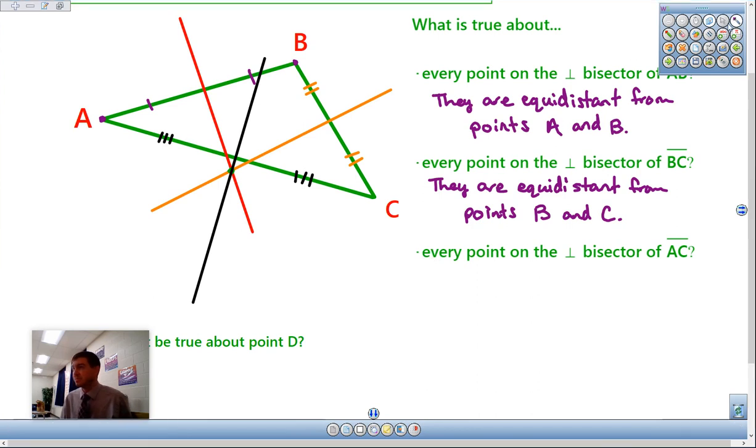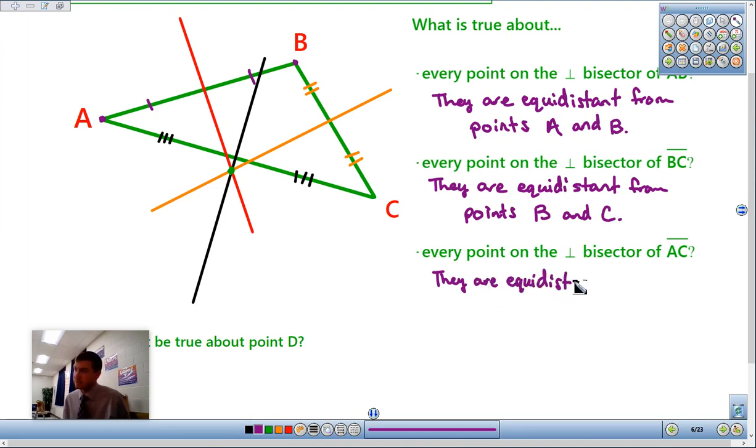And since that's where I'm going to make it, they are equidistant from points A and C.